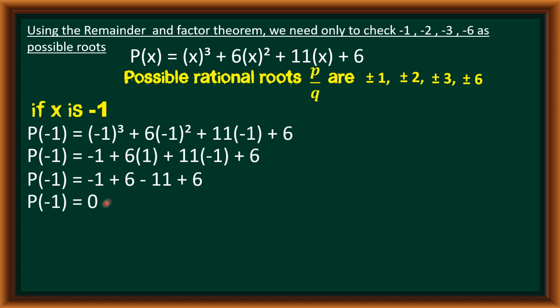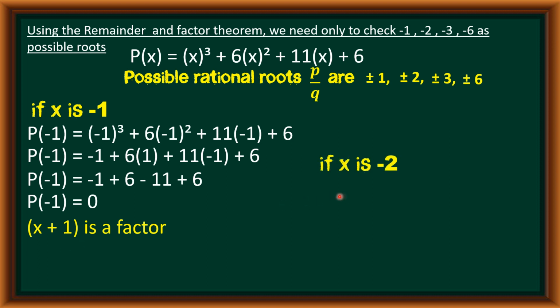When we simplify, magsamahin natin. 6 and 6, 12. Tapos, negative 1 and negative 11, negative 12. So, 12 minus 12 is 0. Ayan. Therefore, di ba? Pinapalitan natin ng sign. So, or equate sa 0. So, x plus 1 is a factor. Tandaan nyo isang factor natin ay x plus 1.